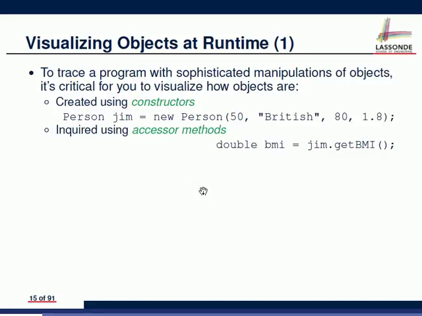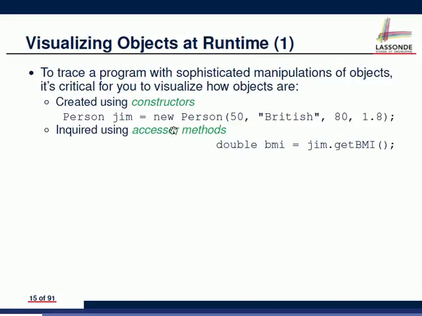And then the more important thing to trace is whenever you say, for example, Jin, which is a particular variable that stores a person object address, what does it really mean when we say Jin.getBMI? Apparently, getBMI has a parenthesis over here. It's a method call, and I'll go into a little more detail later.